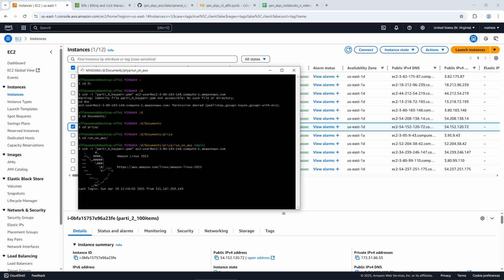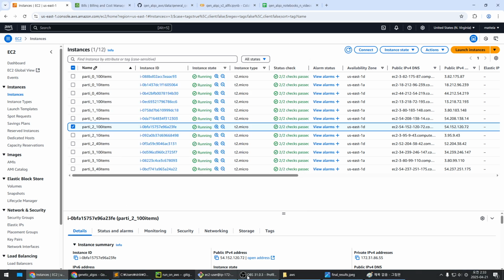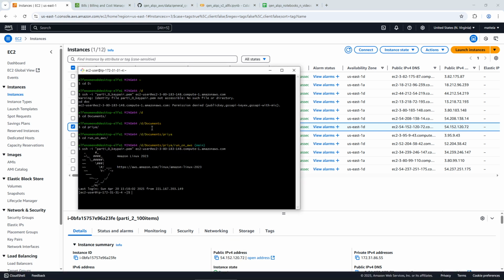Something went wrong and I can't even access my EC2 instance through this EC2 dashboard. So I'm using Git Bash and SSH access. So here I am. I'm showing the process.